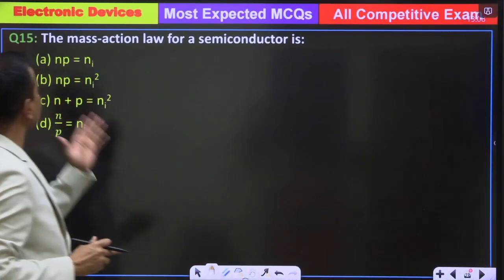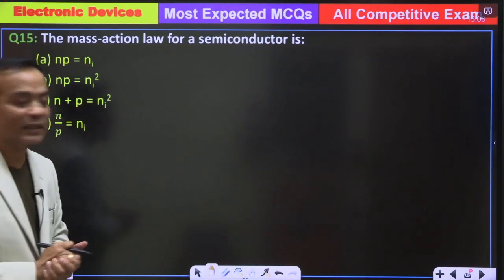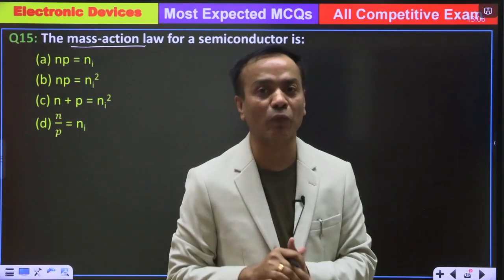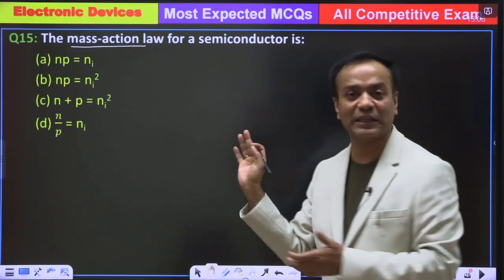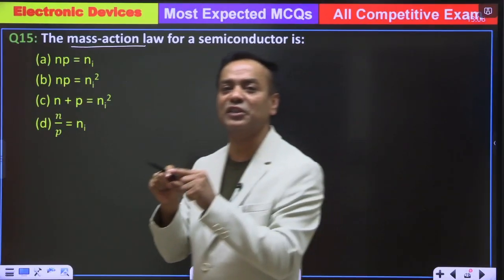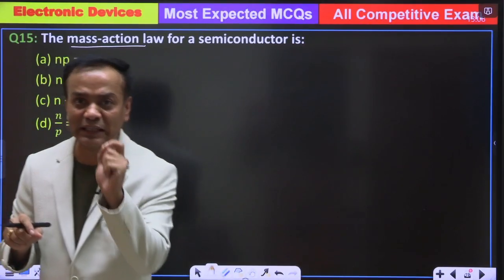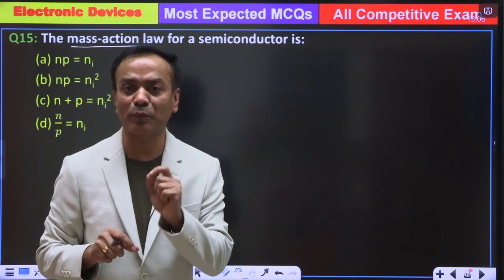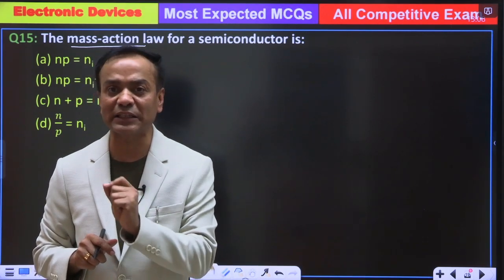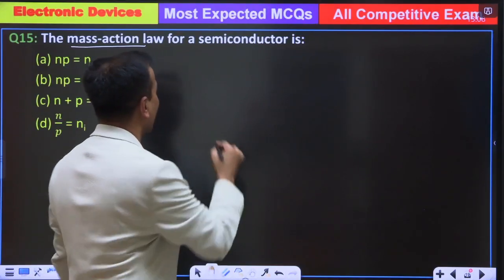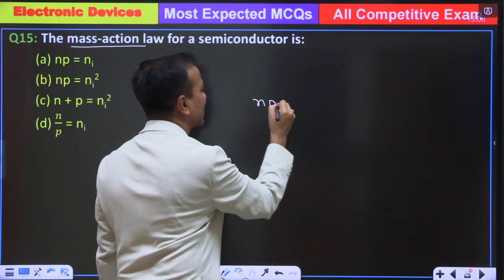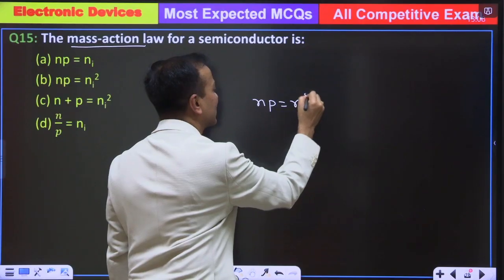So next is, the mass action law for a semiconductor is. With respect to semiconductors, this is one of the most important laws that we study under this EDC part. The mass action law gives the idea that in an extrinsic semiconductor at a given temperature, this law or formula is used to find the concentration of the minority charge carrier. Here it gives the concentration of majority and minority carriers as np = ni square.